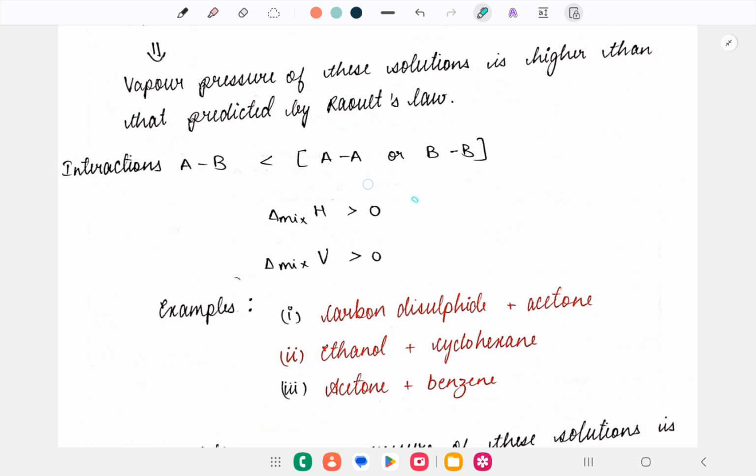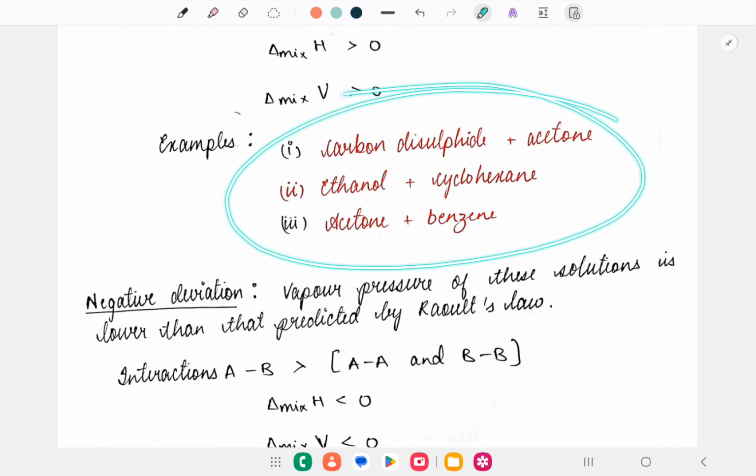The enthalpy of mixing of pure components to form the solution is found to be positive, because there are strong AA and BB bonds which are not easily broken, while we have a weak AB bond which can be easily broken, and consequently heat is absorbed. The volume of mixing is also positive. Some of the examples are provided.